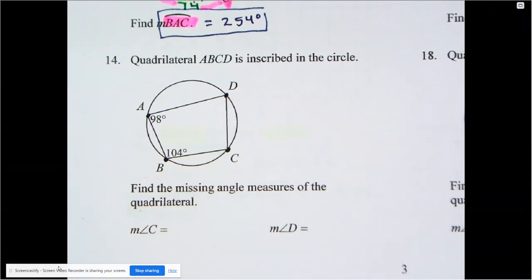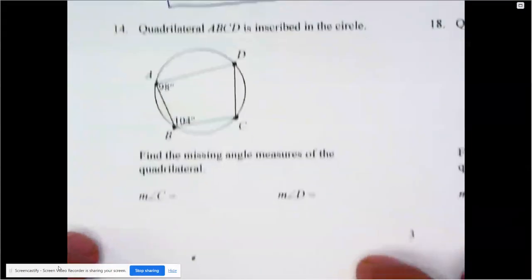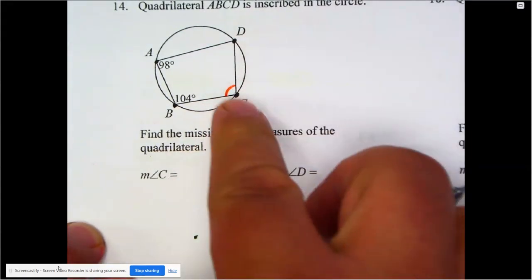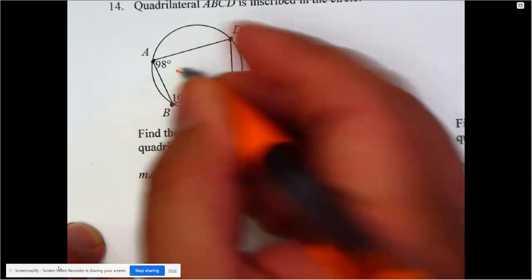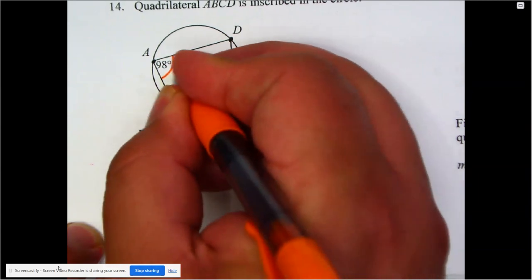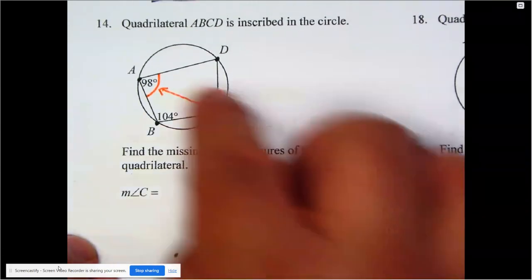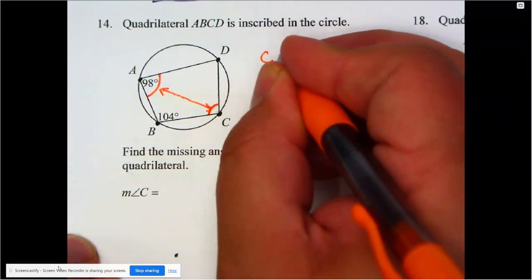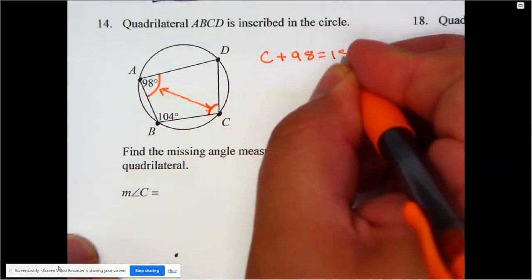Well, let me do one at a time. They said angle C first. This is angle C. But the opposite of angle C is not this one. The opposite is over here. They're the ones that are opposites of each other. And according to this rule, because it touches the circle 4 times, then C plus the 98 should equal 180.